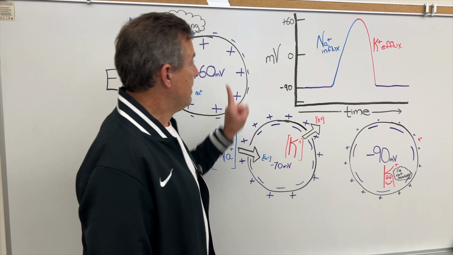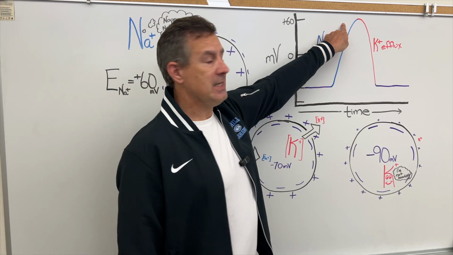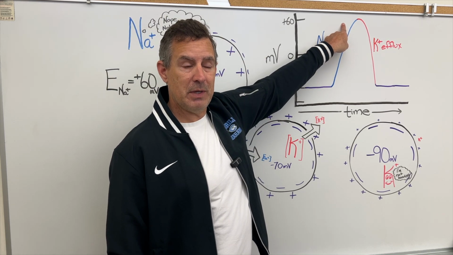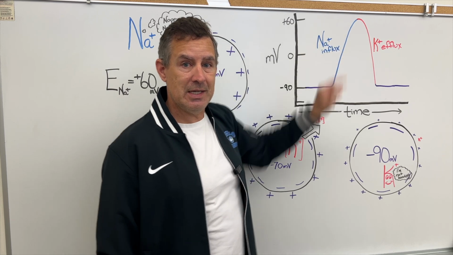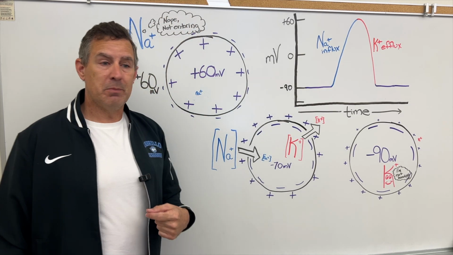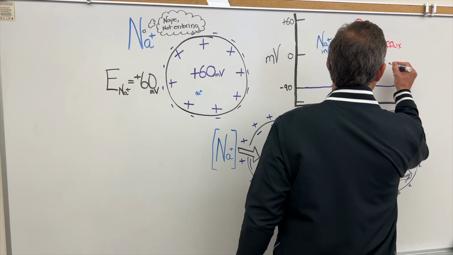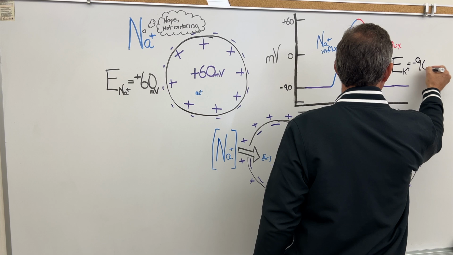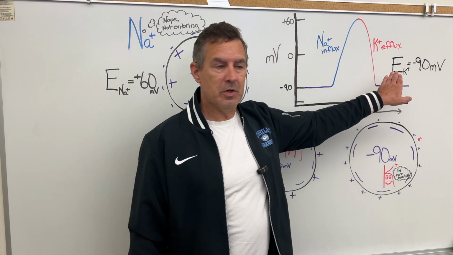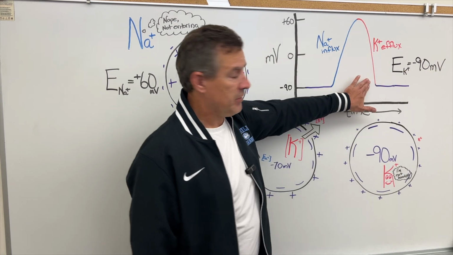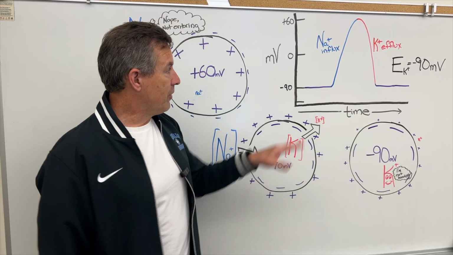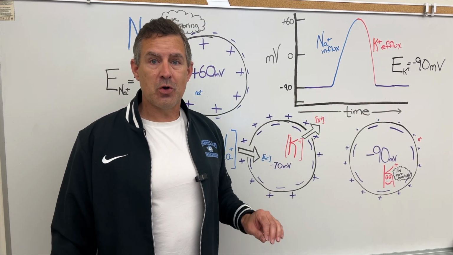So once again, this stops depolarizing here because the cell has reached +60. That is sodium's equilibrium potential, and potassium's equilibrium potential is -90 millivolts. And that's why this stops right here. I want to point out that this graph is a theoretical graph.